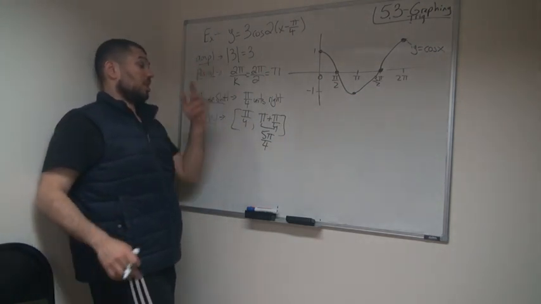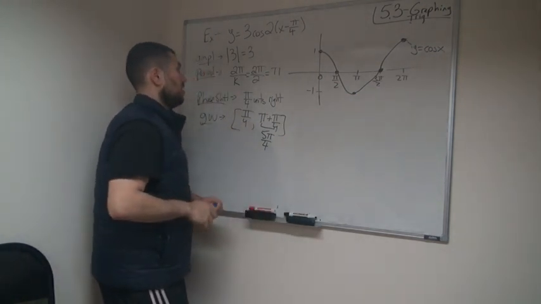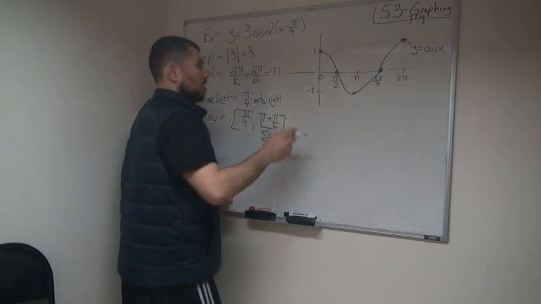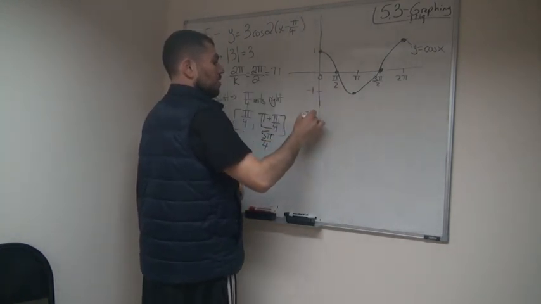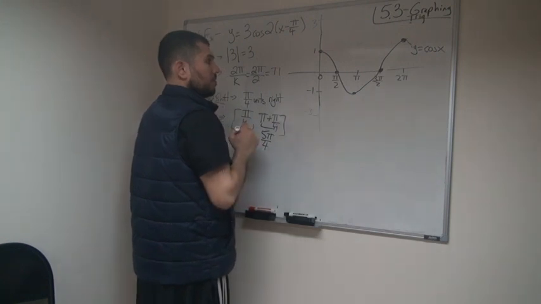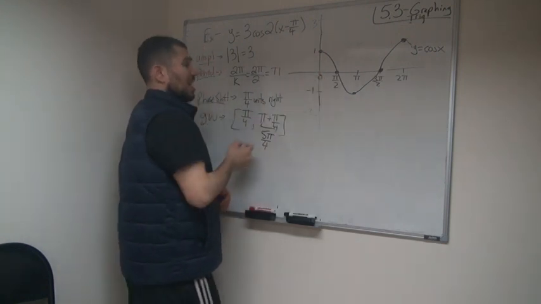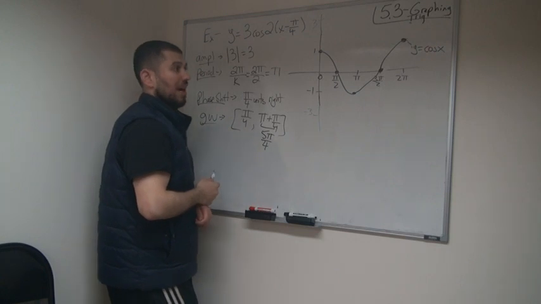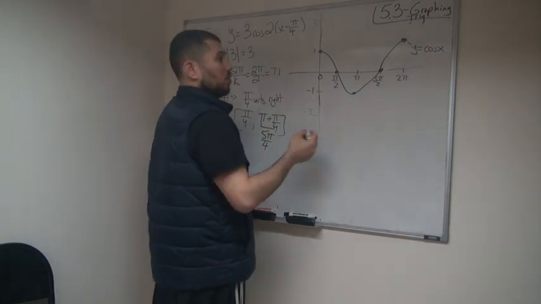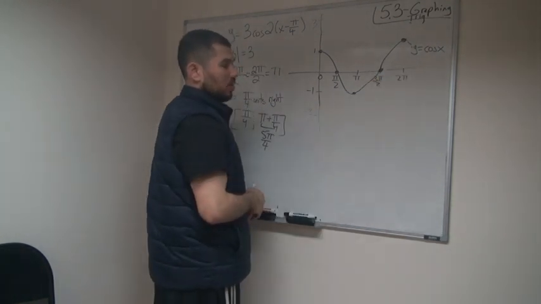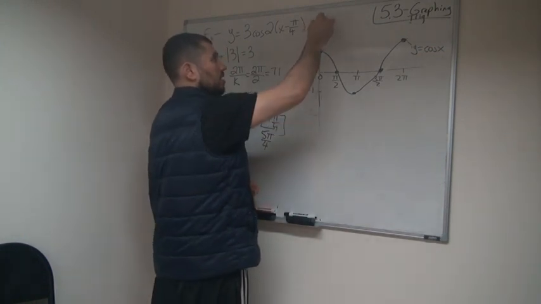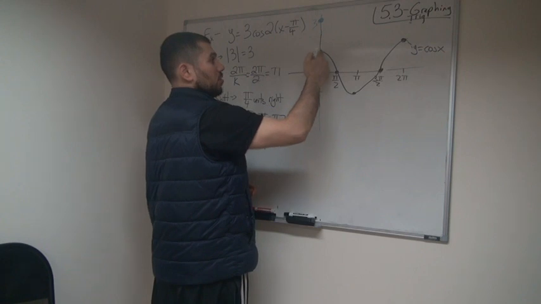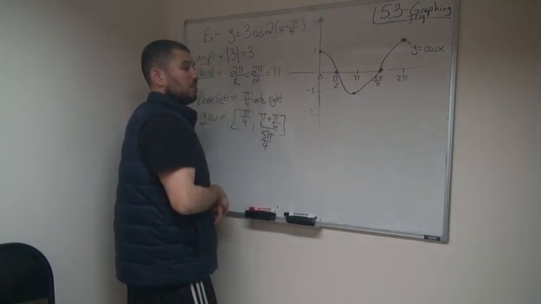First iteration is a change in the amplitude. Fine. My amplitude is a positive 3. So let me extend this out to a 3 and extend that out to a negative 3. At the cosine of 0, I get a 1. 3 times the cosine of x would be 3 times 1, or 3. So this max was stretched up 3 units.